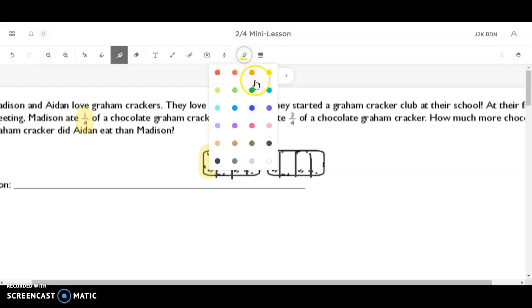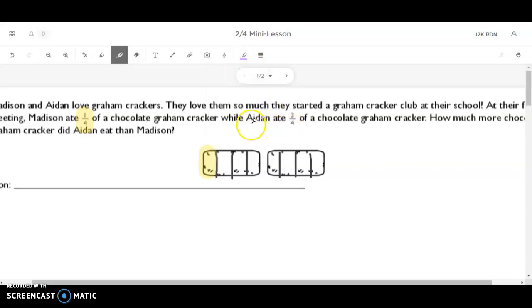And to make things a little more interesting, I'm going to make Aiden purple. Aiden ate 3/4. So how many parts of my whole do I need to color in? 3. 1/4 plus 1/4 plus 1/4.